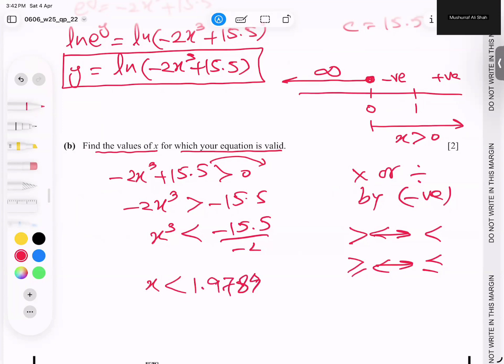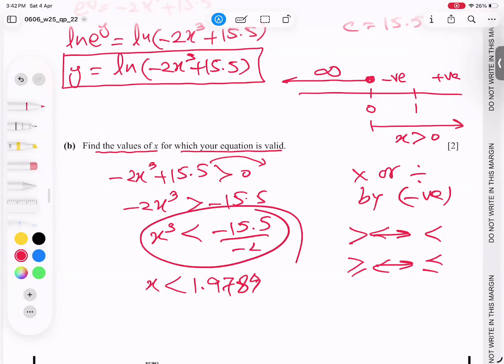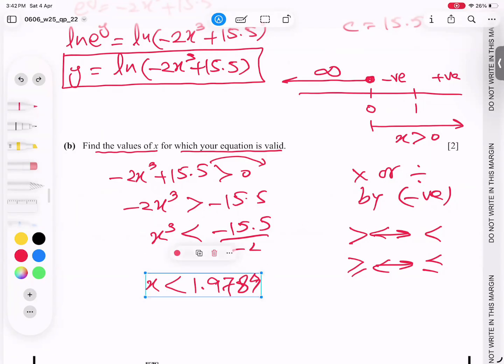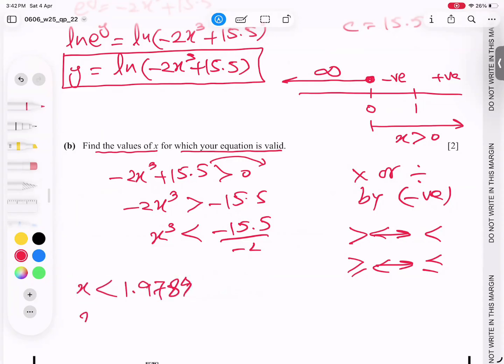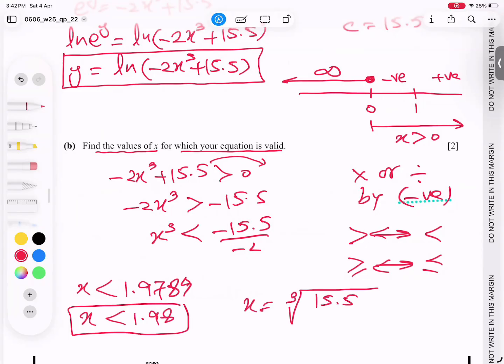The question said values, so basically values means a range of values. You can leave it in this format or that format. This is a correct answer, but we write 3SF, which means 1.98. Or you can leave it as the cube root of 15.5 by 2.